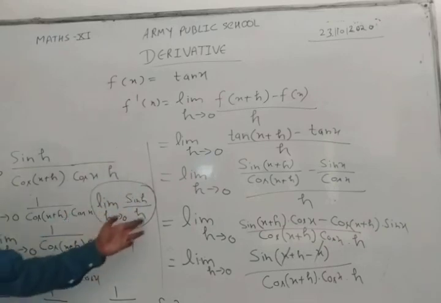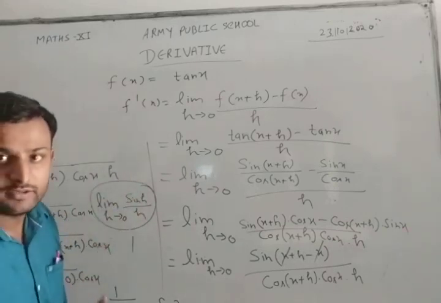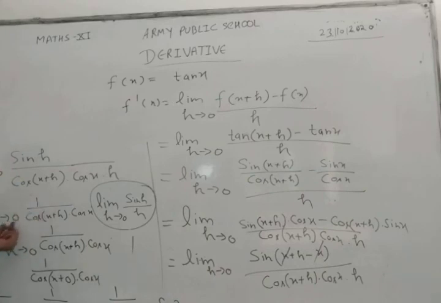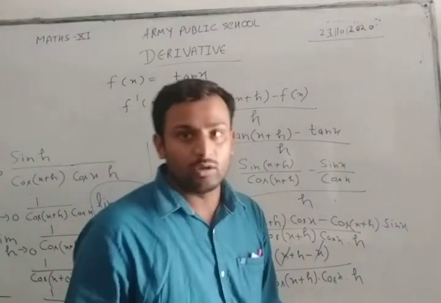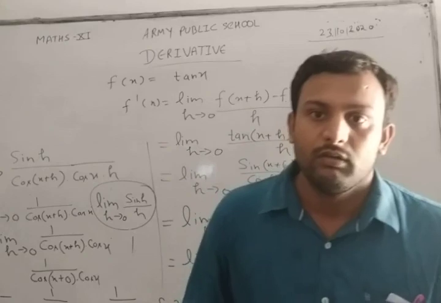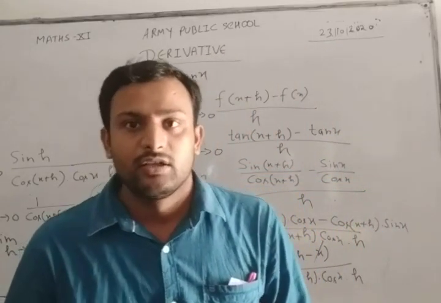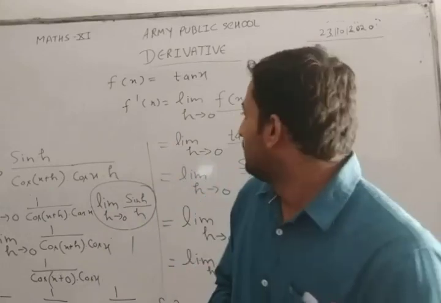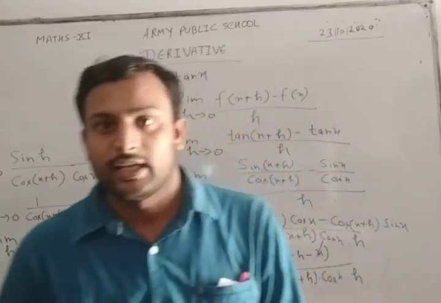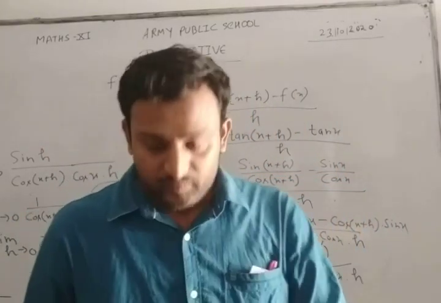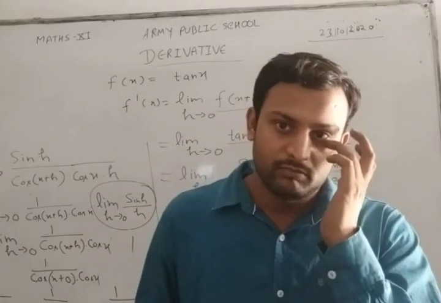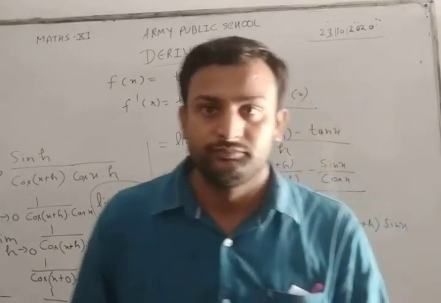We know that the limit of this function will be 1. So now put h is 0 here. So we get 1 by cos x, 1 by cos x, and 1 by cos x into cos x will be 1 by cos square x, and it will be sec square x. So the derivative of tan x will be sec square x by the help of first principle. Okay, thank you.